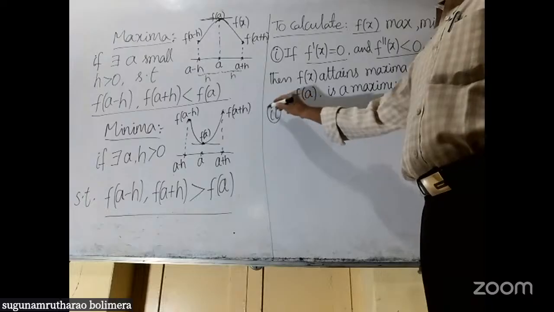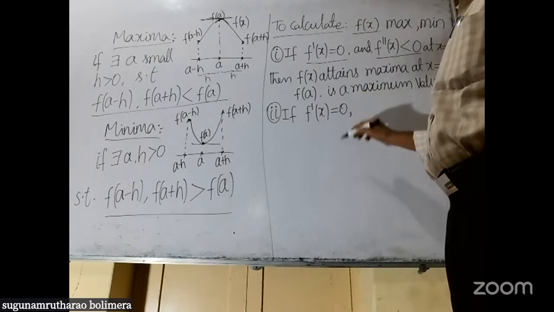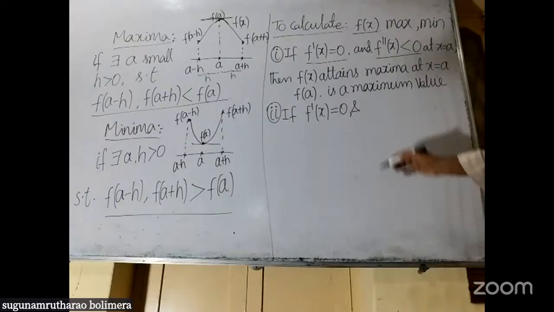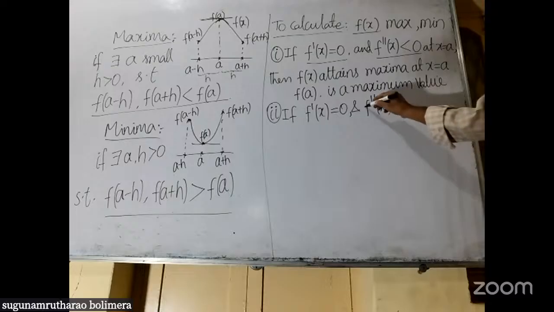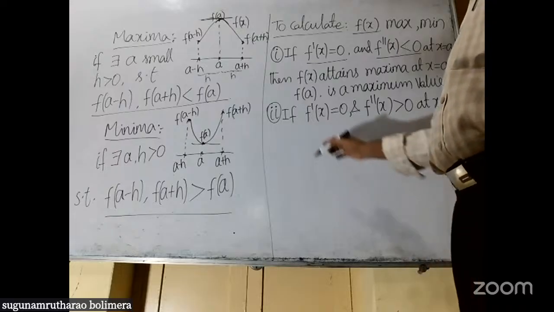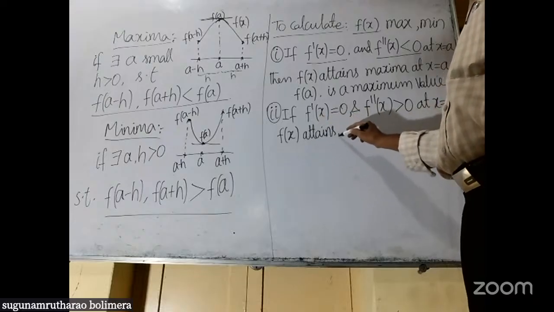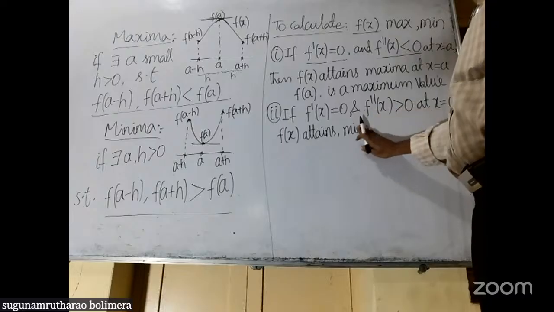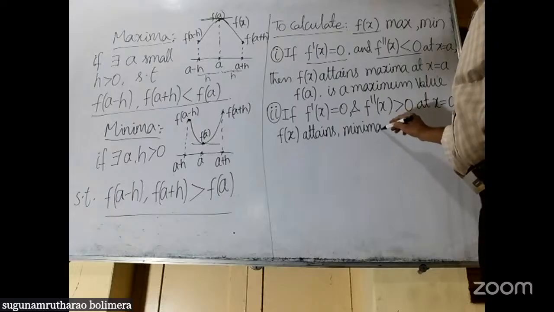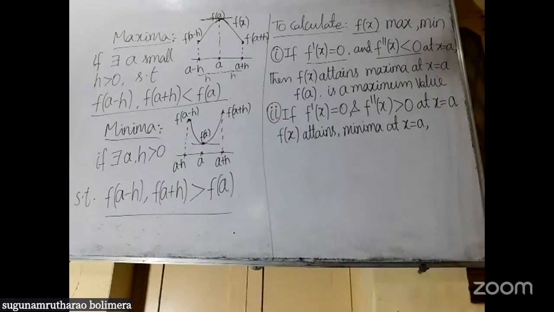Second point, if f dash of x equals 0 and f double dash of x is greater than 0 at x equals a, then f of x attains minima at x equals a.